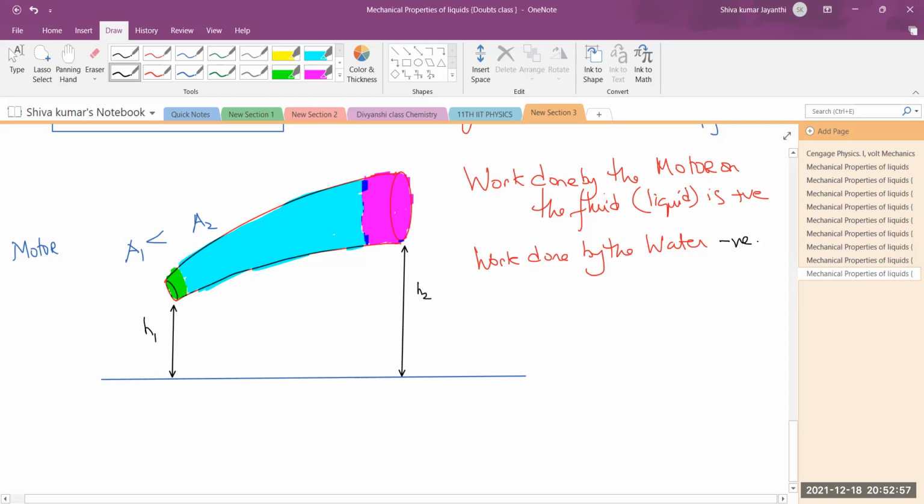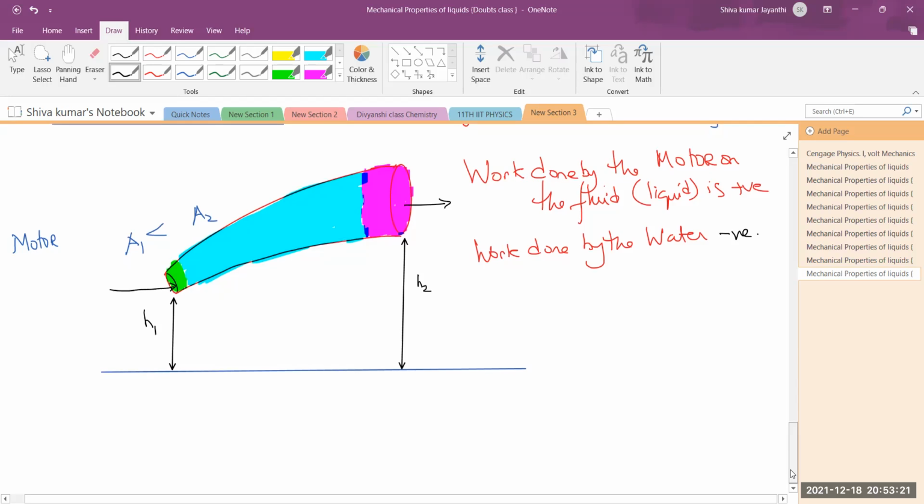We call it the system; we don't call it motor, liquid separately. So work done by the motor on this is positive, and the work done to push it out, the liquid coming out, is negative. That is the difference in the work.